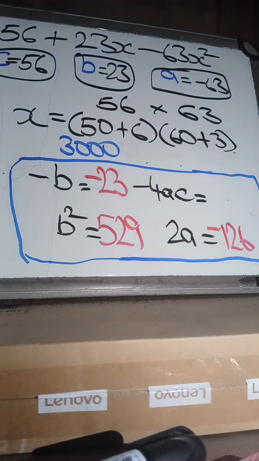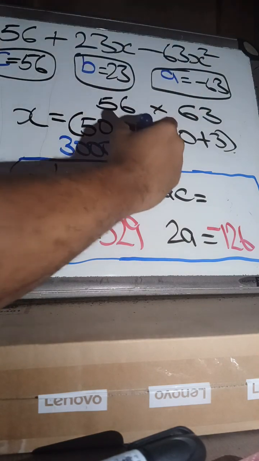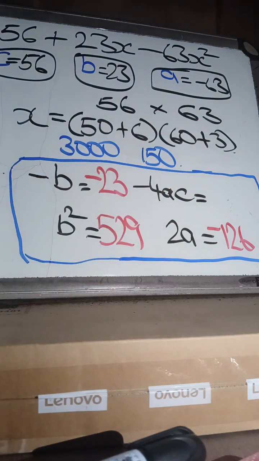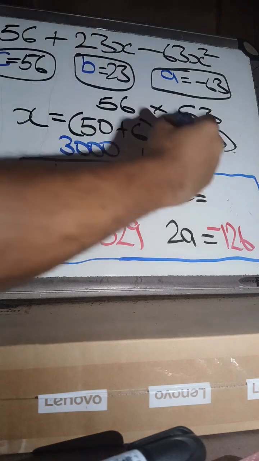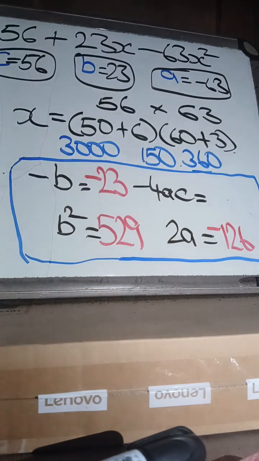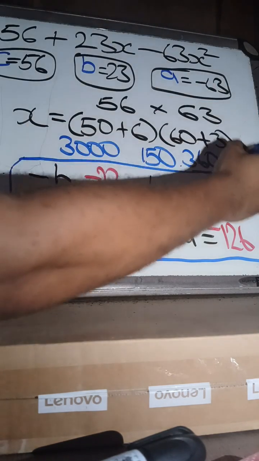Now we have 150 next. Then we have 60 times 6, which is 360. And then 6 times 3, which is 18.